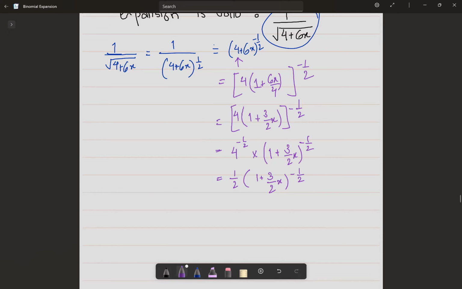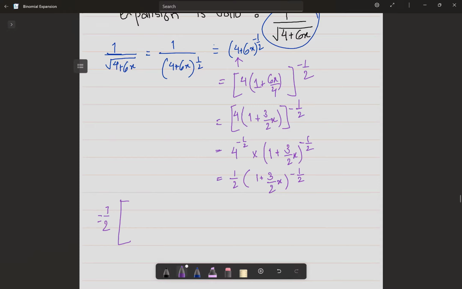Now 1 plus 3 by 2x to the power of minus half is completely ready for us to apply the formula. So we will apply the formula and what do we get? We know that half will stay in here and then inside the bracket we are going to do the expansion.